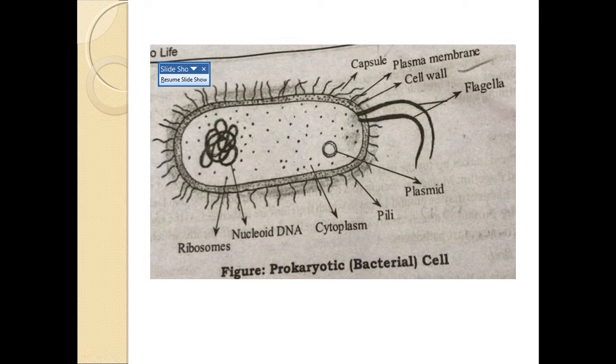The main purpose of this capsule is that it gives protection from different pathogens to the prokaryotic cell. It will prevent the attachment of pathogens, so it acts as a barrier for different pathogens. Attachment is also a function of the capsule.